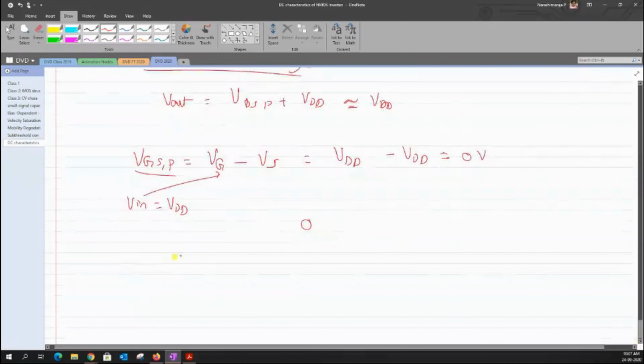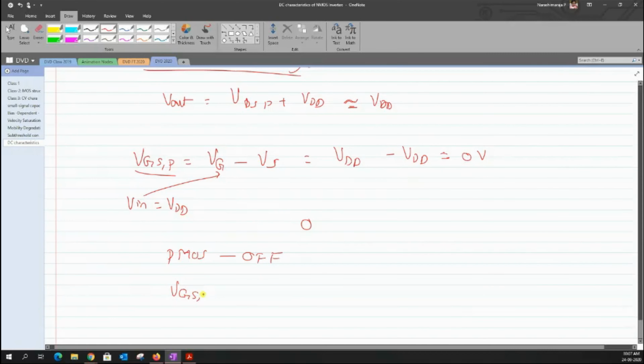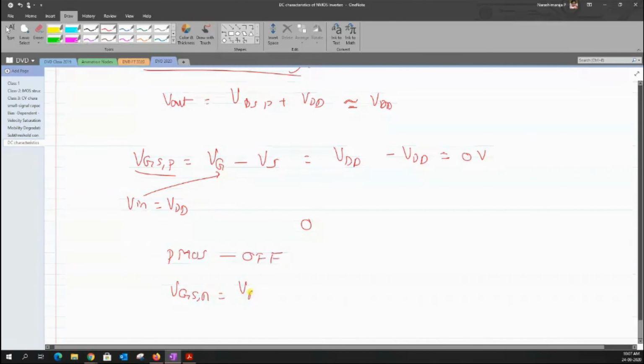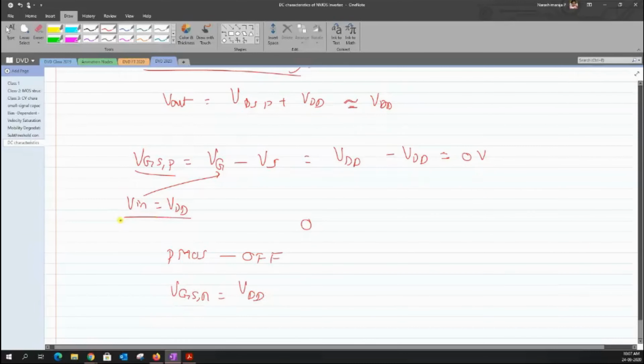So our PMOS device would be off, but our NMOS device would be on, because the VGS of the NMOS is right now equal to VDD. Because of this input voltage, I have this VGSN equal to VDD. Now the NMOS is on, but the PMOS is not able to conduct any current, so even the NMOS should not conduct any current even though it is on.